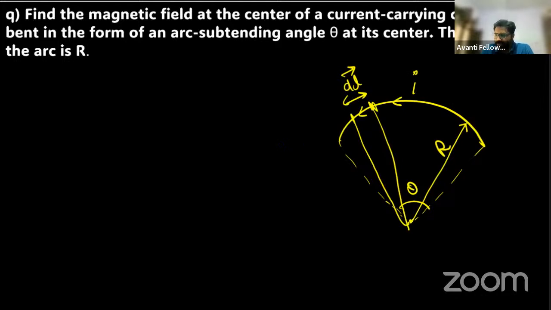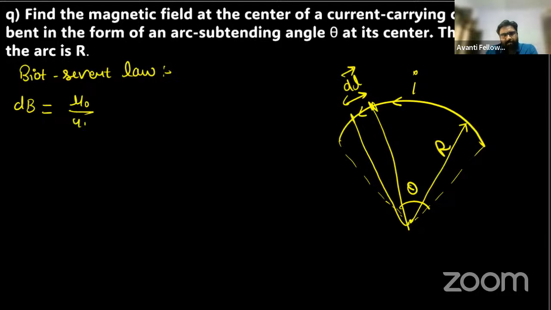So we are going to apply the Biot-Savart law. According to the Biot-Savart law, due to this dl element, the field would be mu naught upon 4 pi I dl sine of the angle. I'm not writing the angle yet, I have to tell you.